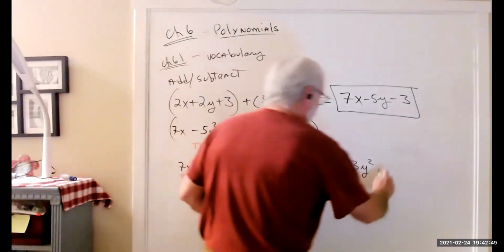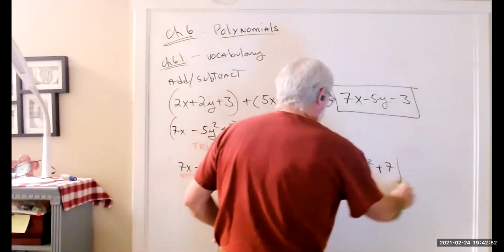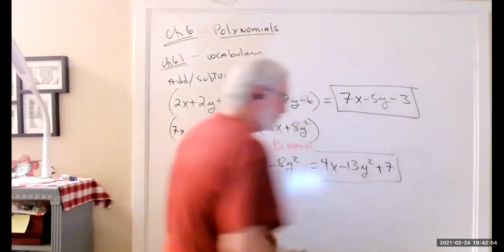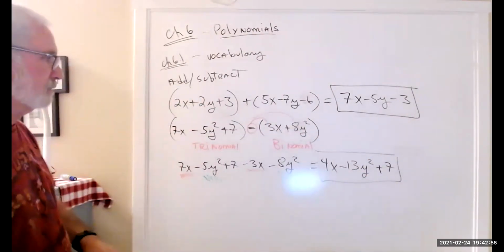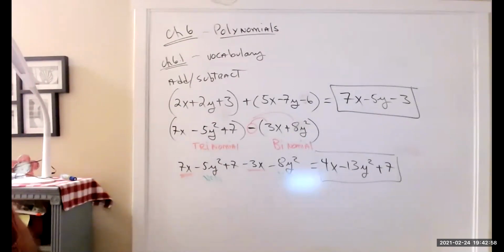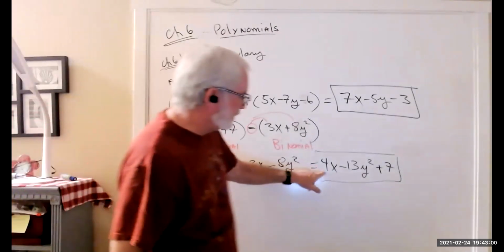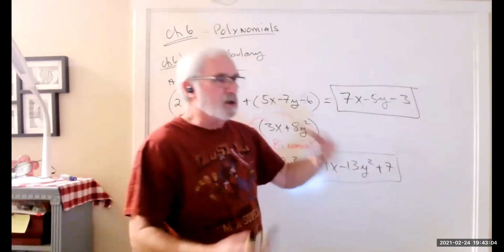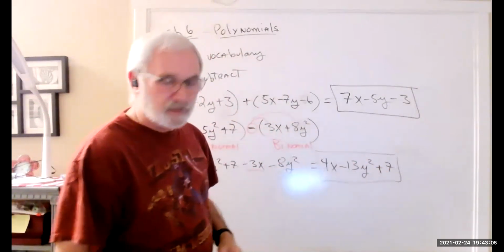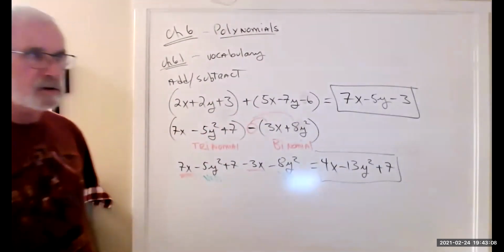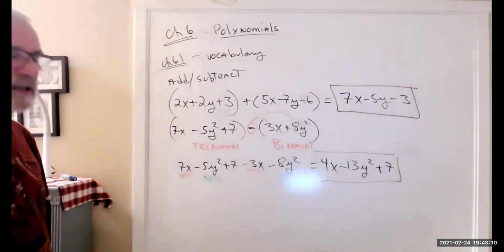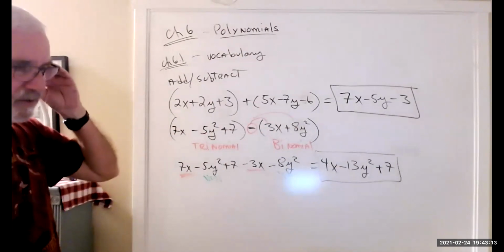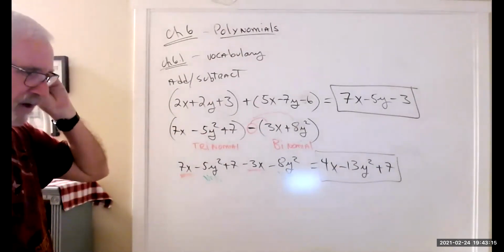So I just stick the 7 up here. And that's my answer. Again, you can't go further because these are not like terms. Like terms are defined by their variables. If the variables aren't exactly the same, you can't do anything with it. That's bad English, but you guys get the point.